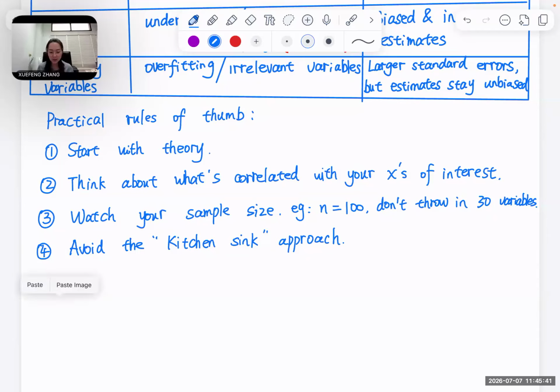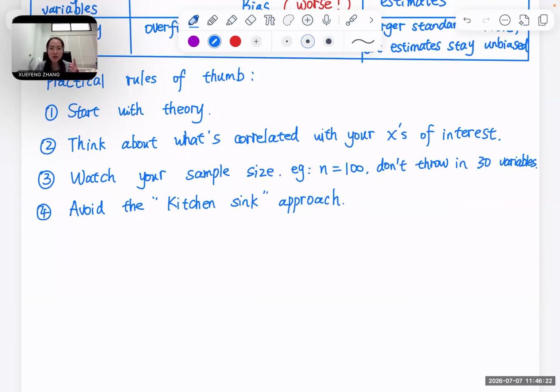Okay, so let me repeat it again. Adding every variable you can think of inflates standard errors, because with more variables you're going to have higher variance, and can introduce multicollinearity. Multicollinearity means when regressors are highly correlated with each other. It becomes hard to isolate individual effects.